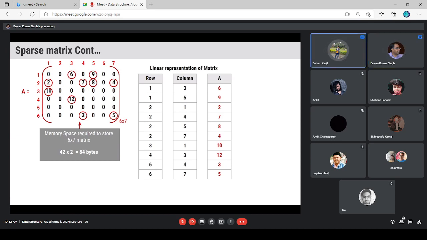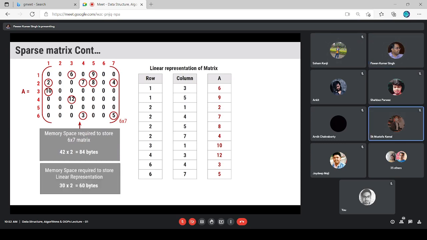So 10 rows, 10 columns, 10 values, then 10 into 3 is 30, and if we take 2 bytes per integer, 30 into 2 is 60. So if we represent this sparse matrix in linear form, we require 60 bytes.